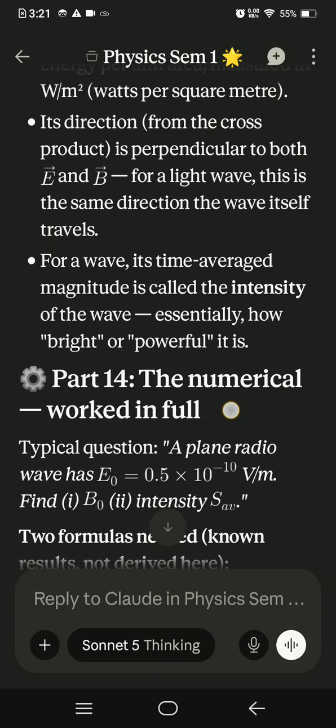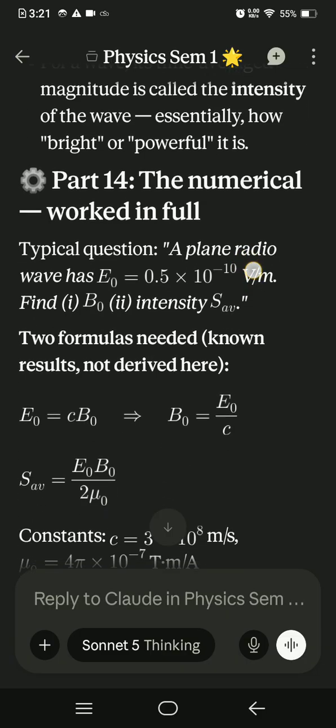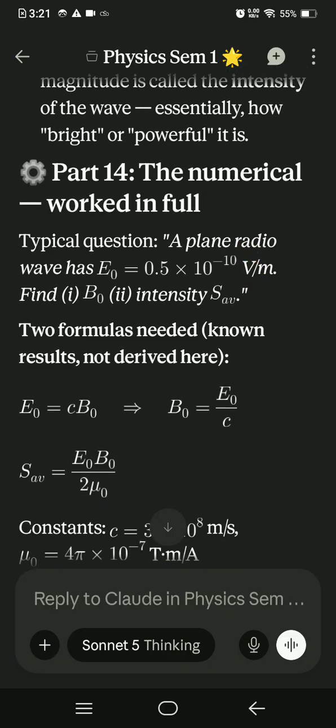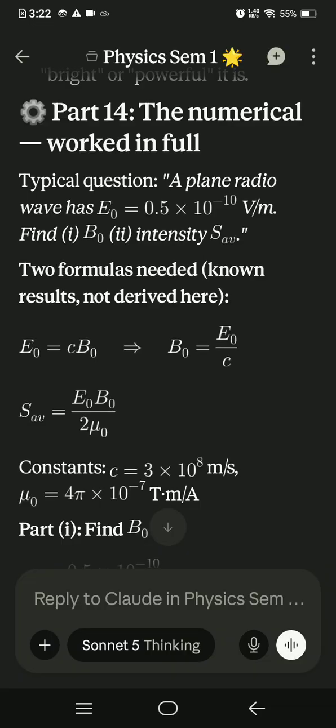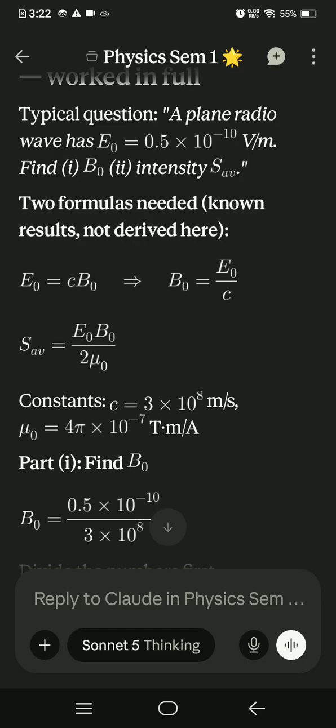Part 14, numerical worked in full. A typical question: a plane radio wave has E equals this, so find B and the average intensity. The two formulas needed, known results not derived here: E naught equals c B naught, so B naught can also be written as E naught over c, and S average equals E naught B naught upon 2 mu naught.